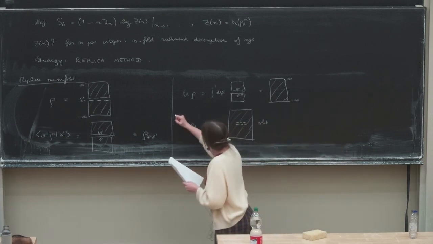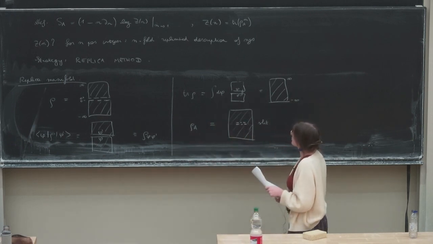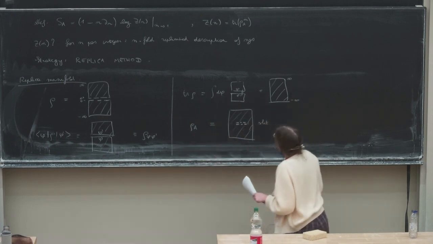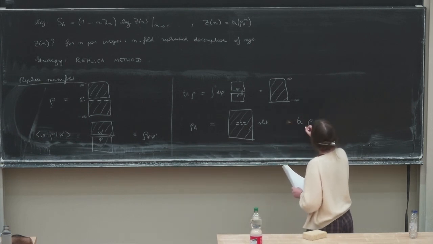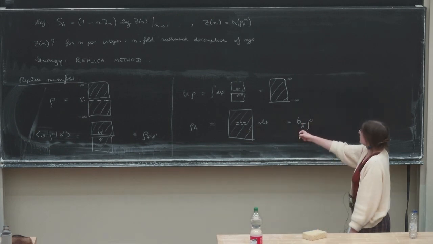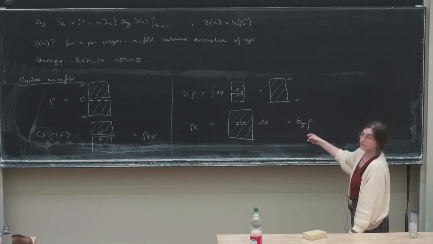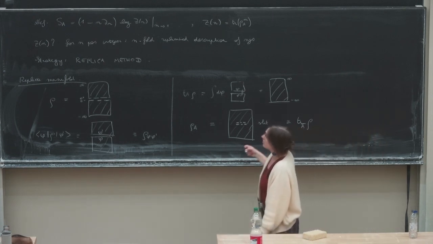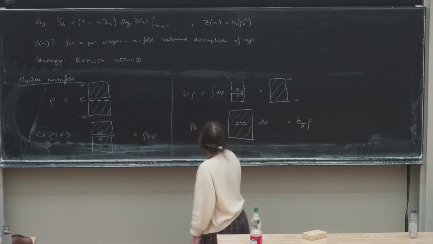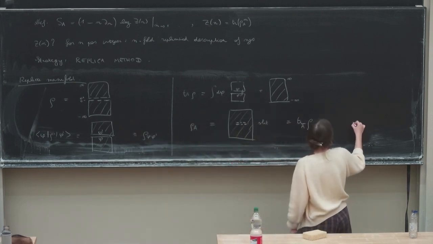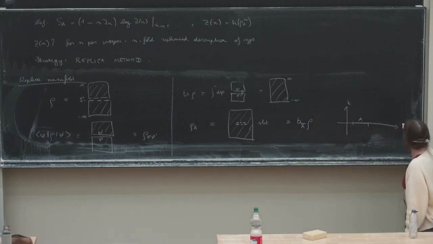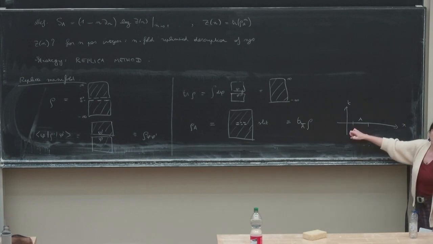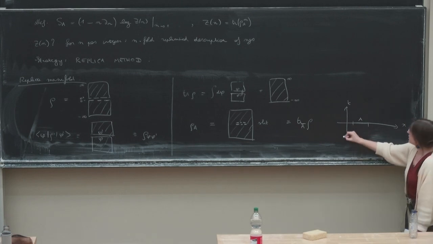So the reduced density matrix is defined as tracing the degrees of freedom in A bar out of the density matrix. Okay, the density matrix we have here. And A is this interval that we chose at the constant time slice, and A bar is all the rest.